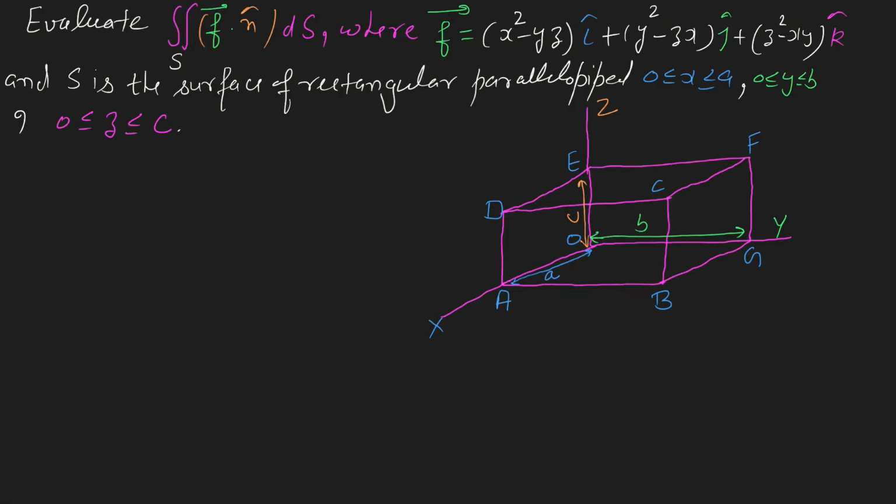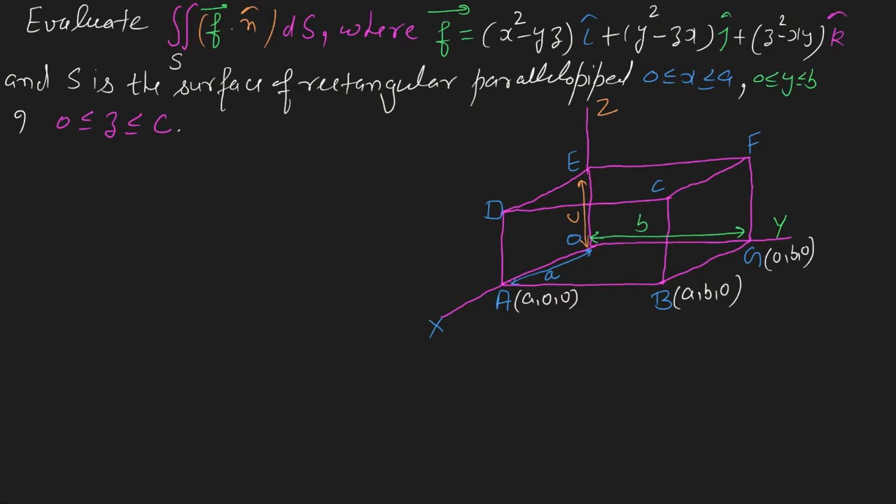So now let me write the coordinates of the points. For this point, the coordinates are a comma 0. G is on the y-axis, so the coordinates will be 0 comma b comma 0, and this point is in the xy plane, so z is 0, so it will have the coordinates a comma b comma 0.